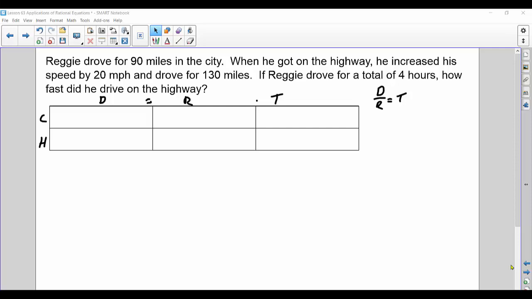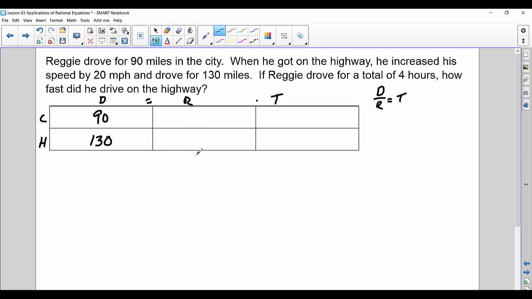This problem is very similar to the last one, except for the fact that the two times are not equal. What we know in this problem is a guy drives in the city and on the highway, and we know the mileage he's driven. So he goes 90 miles in the city and 130 on the highway.